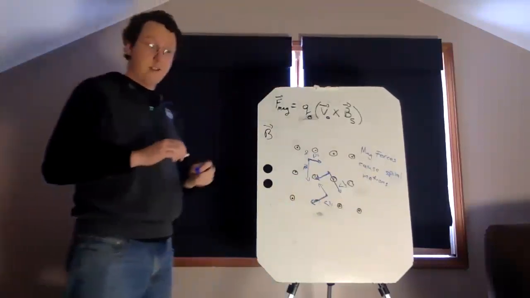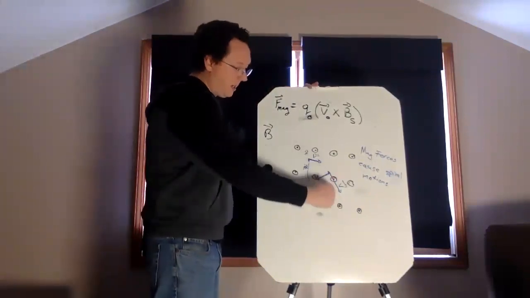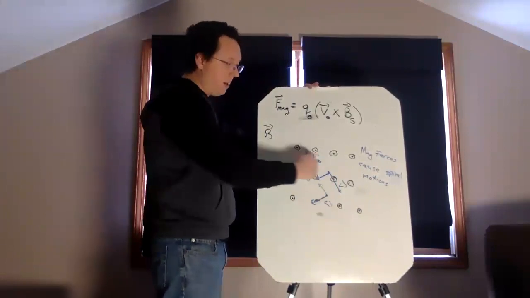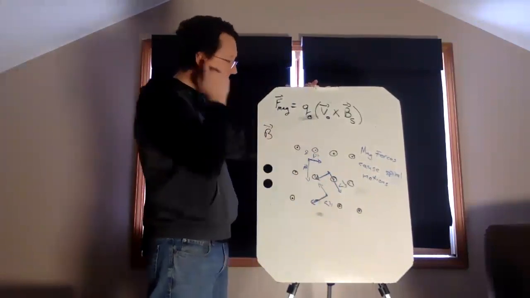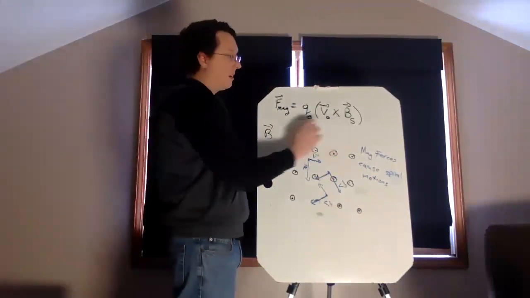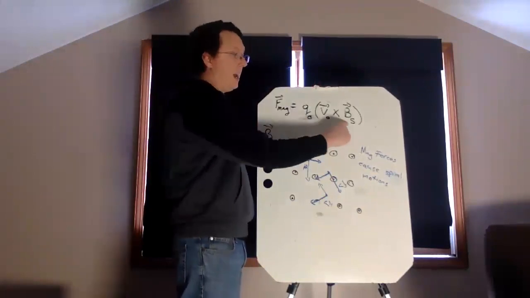That's weird. So when you put a particle in a magnetic field, it's like a tetherball, basically. The particle goes around and around and around, and it spirals. And you can see, because this was a cross product, that the force is always perpendicular to the velocity and the magnetic field.